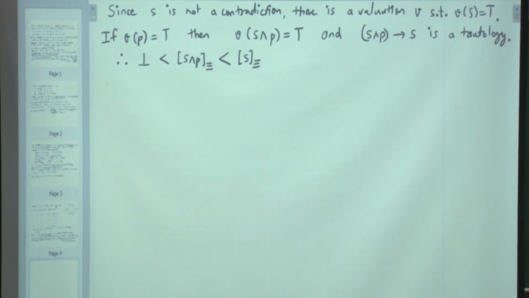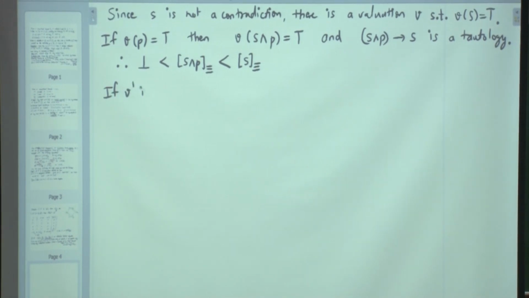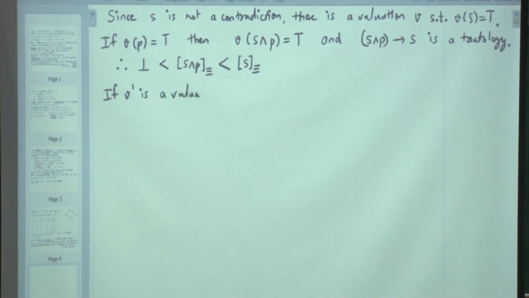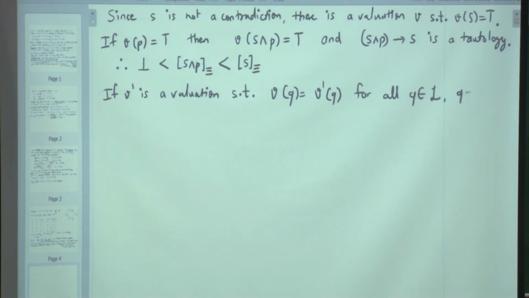Let me write this down. If V dash is a valuation such that V of Q is equal to V dash of Q for all Q in L, Q not equal to P, and V dash of P equal to false, then tell me what will be V prime of S?